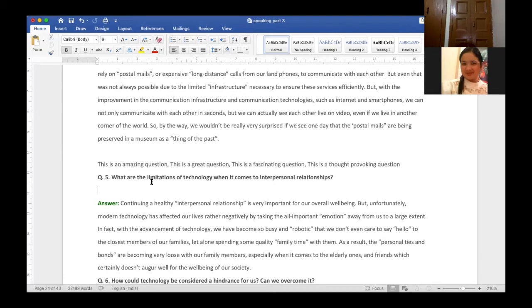We might see each other, but we don't feel the emotions that show through what we have seen in video calls, or even when we hear the voice of someone. Unfortunately, research shows that mobile technology is affecting communication in a negative way when it comes to sociability and face-to-face communication.